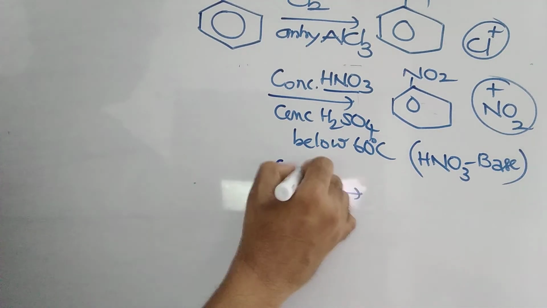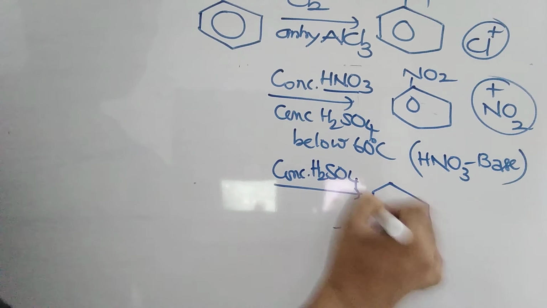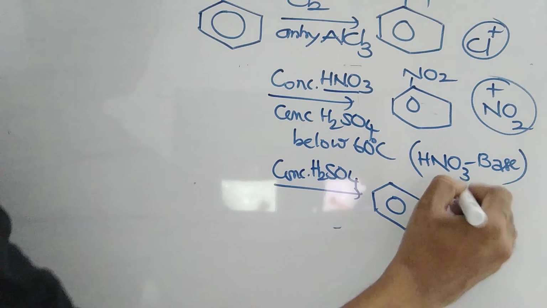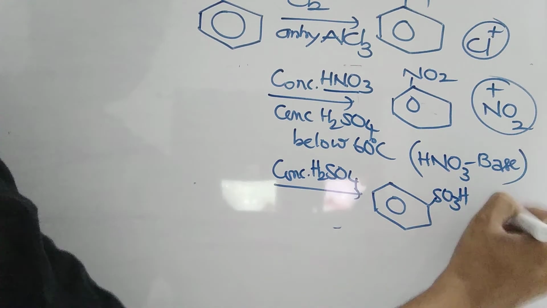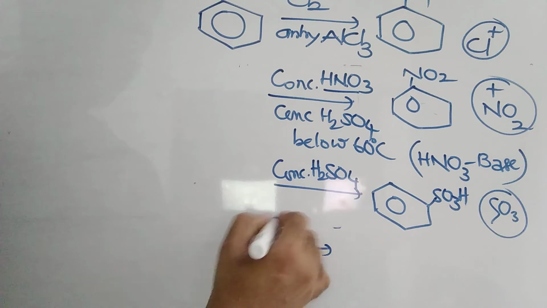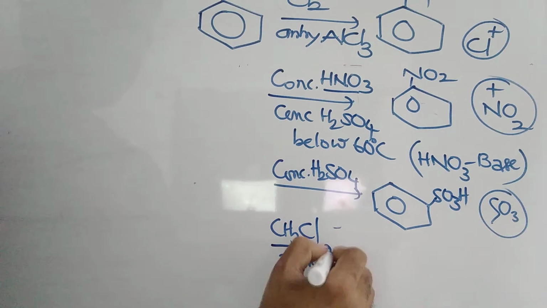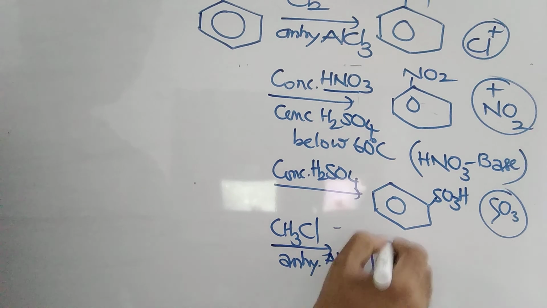With concentrated sulfuric acid, if you are using H2SO4, you will get SO3H, benzenesulfonic acid, at any place you can take. And the electrophile is SO3. It is again special. It is a neutral electrophile. When you are using CH3Cl in the presence of anhydrous AlCl3, this is called the Friedel-Crafts reaction.